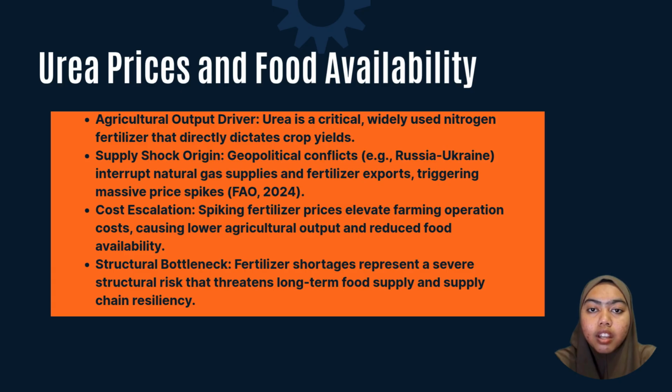When fertilizer gets too expensive, local farmers face massive production costs. As a result, they produce fewer crops, which directly reduces the amount of food available in the market. Recent research shows that fertilizer shortages aren't just a short-term issue, they are a serious long-term threat to our food supply chain.